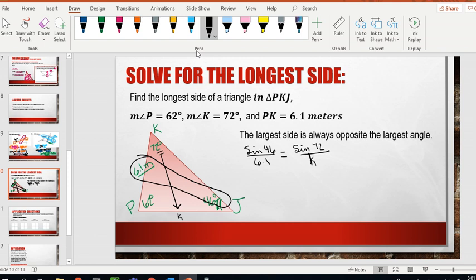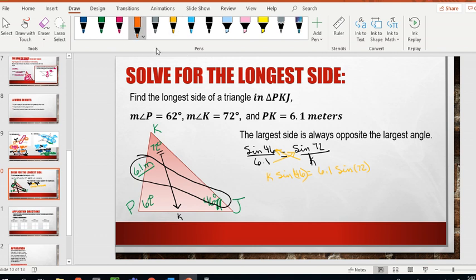All right, so you can cross multiply and then divide. I'm going to cross multiply like this, and that's going to give me K sine of 46 equals 6.1 times sine of 72.